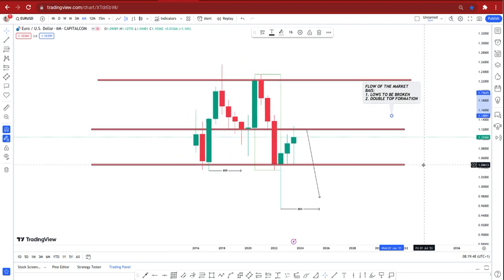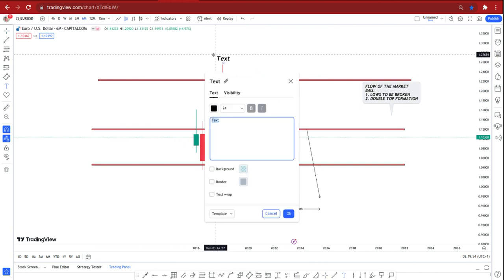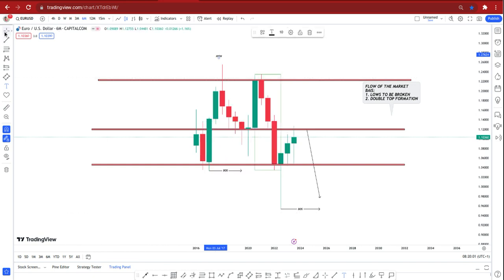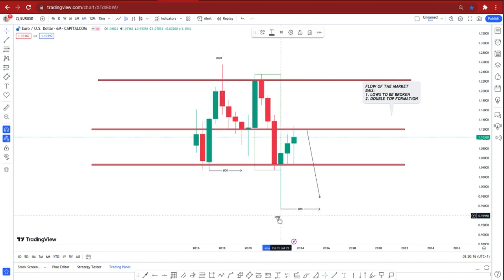So I can now rename this as my high, and this as my present low, because I can say this is my previous low, right? This is my previous high.